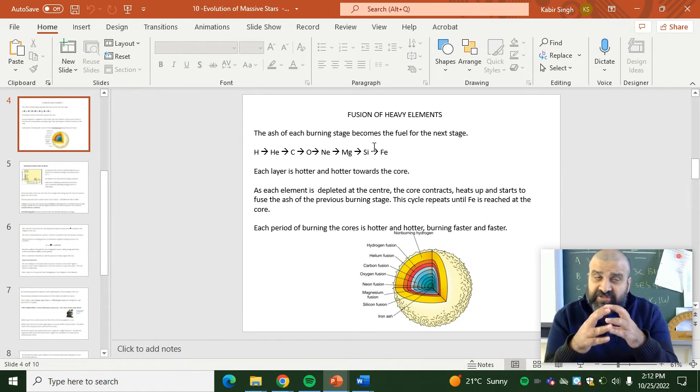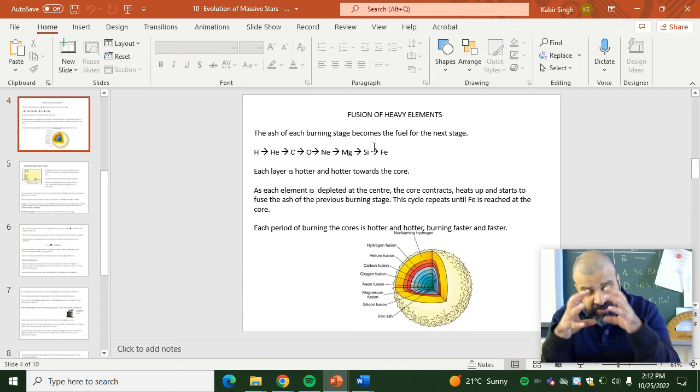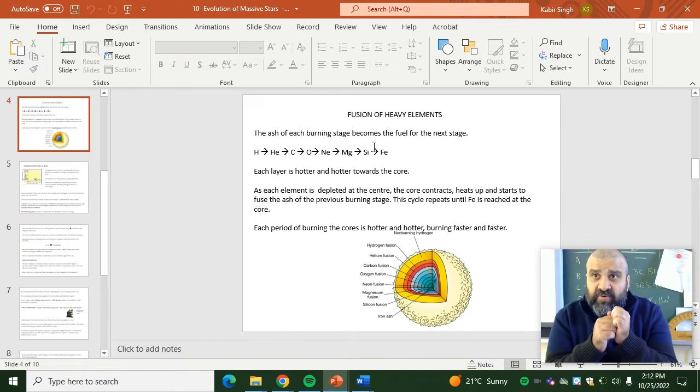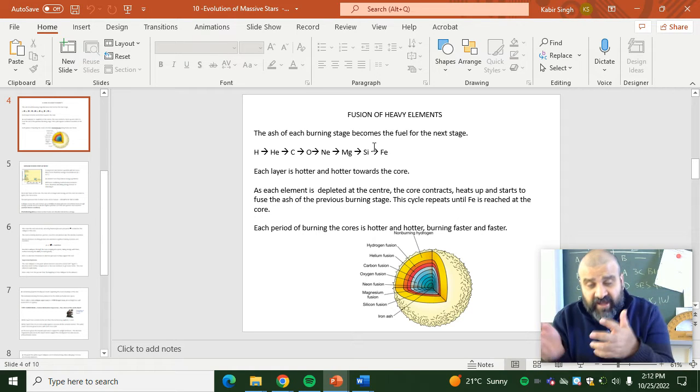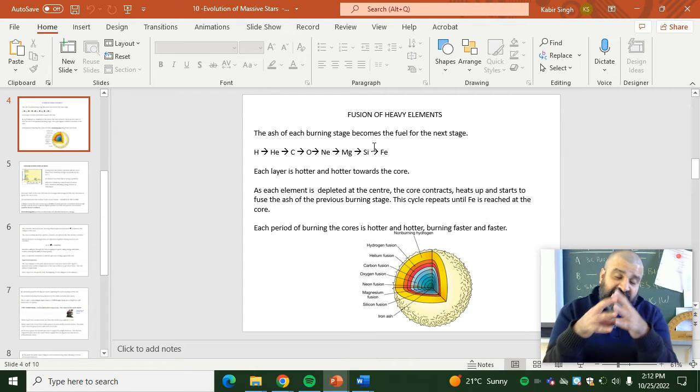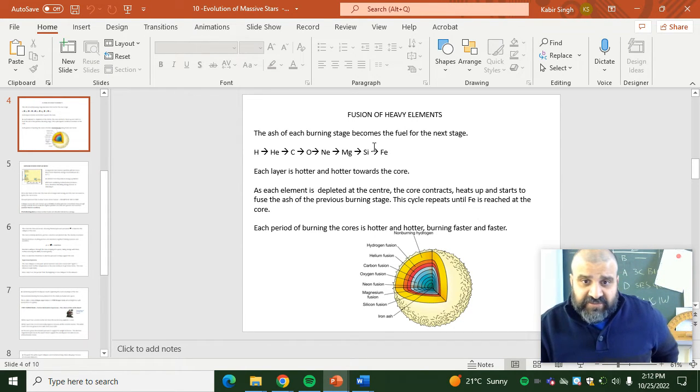Nuclear fusion ceases because it's not hot enough. Gravity compresses the carbon core. It gets super hot and starts fusing carbon into oxygen. When all the carbon is used up, you're left with the oxygen core. It's not hot enough, so it collapses due to gravity, gets hot and starts fusing into neon, and so on until we hit magnesium, silicon, and iron.